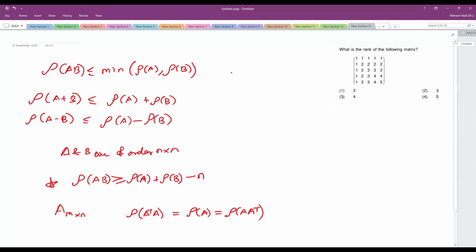So what operations can we do in this case? It is equal to 5. Yes.